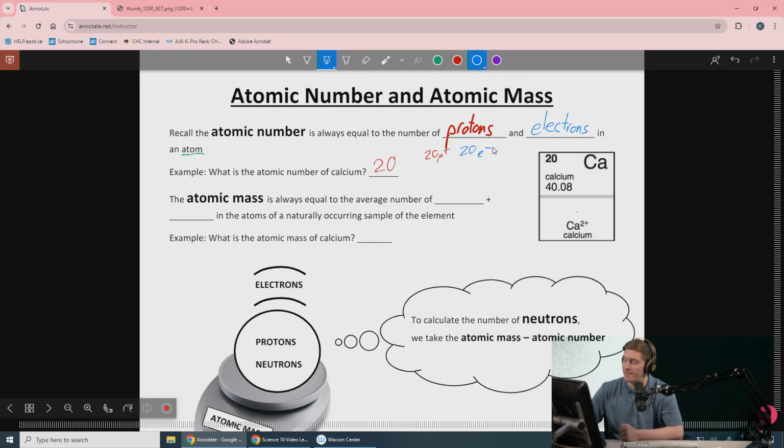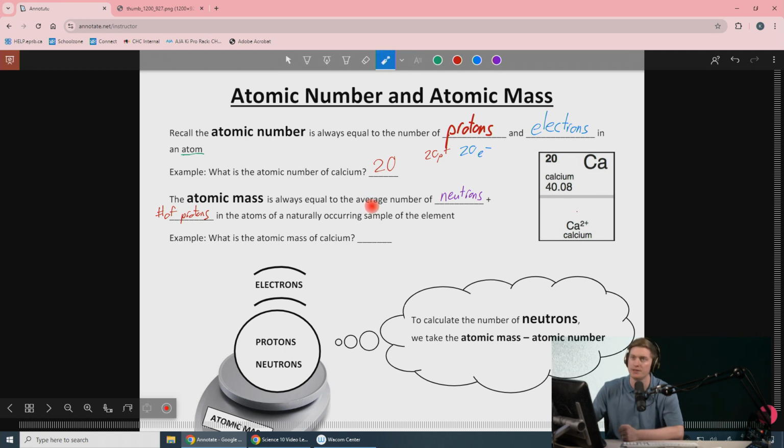The atomic mass is always equal to the average number of neutrons plus the number of protons in the atoms of a naturally occurring sample of the element.